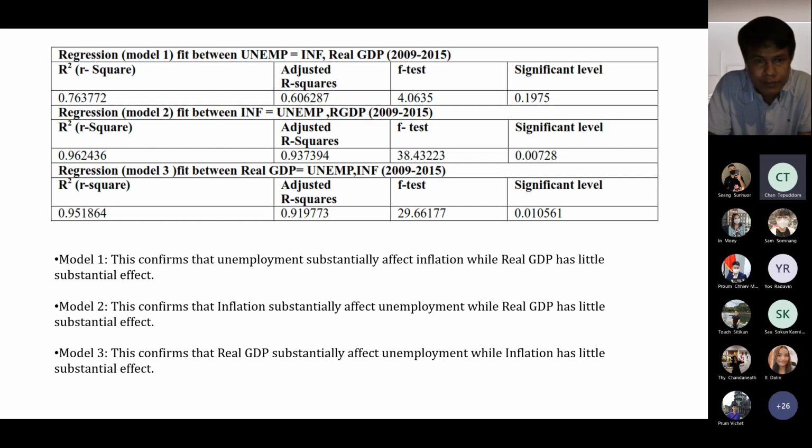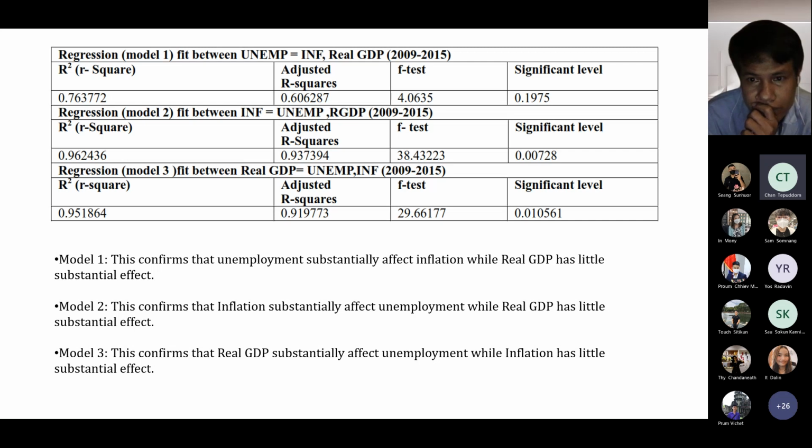And for the third model, the R square is 95%, and the adjusted R square shows that 91% of the variation in the dependent variable is explained by the independent variables when the degrees of freedom are taken care of.